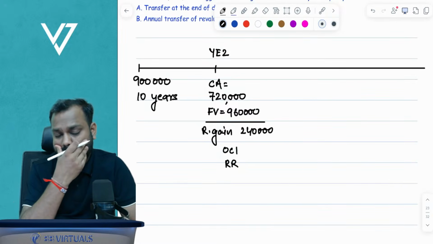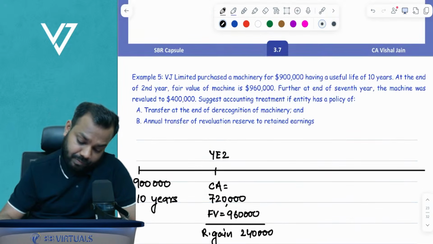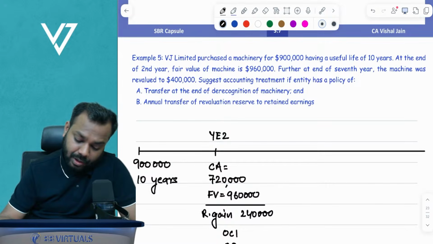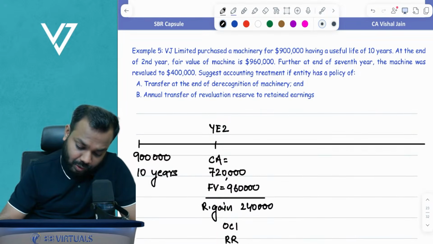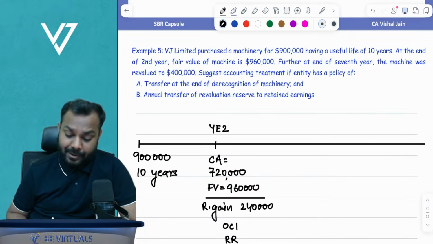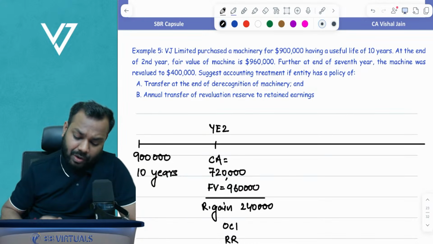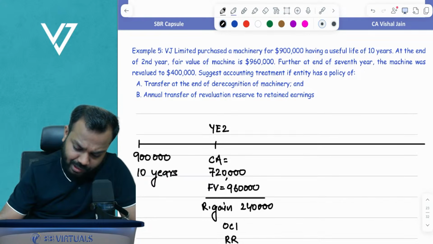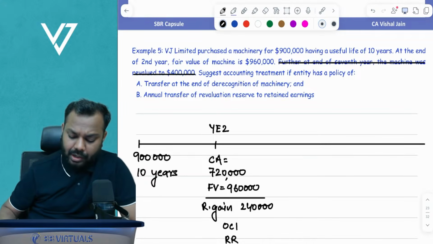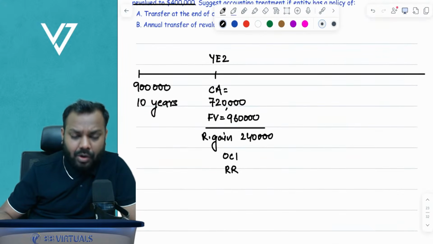Sorted? Now please understand. Forget the rest of the question, forget this part. Now, what will be the treatment of this revaluation reserve?